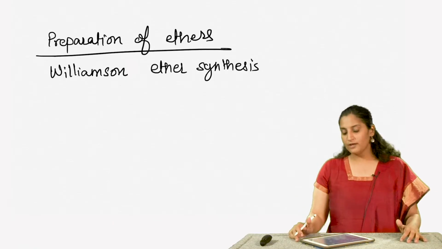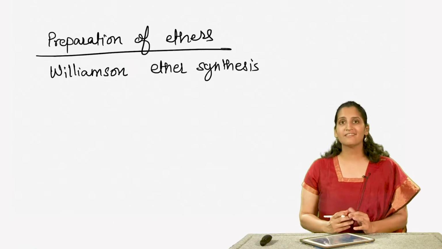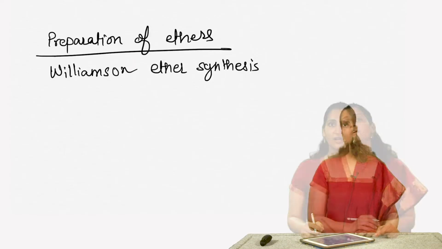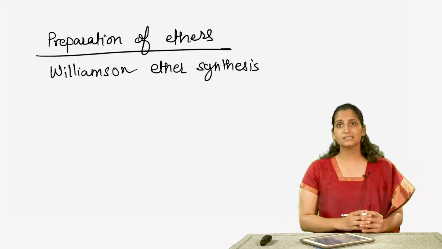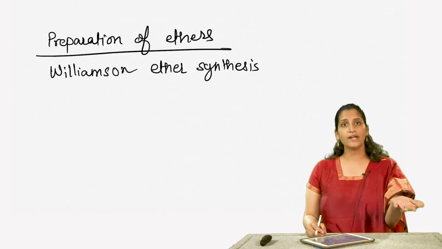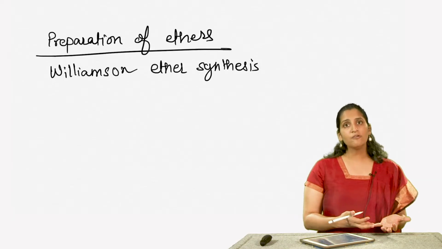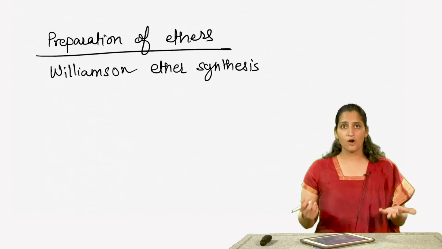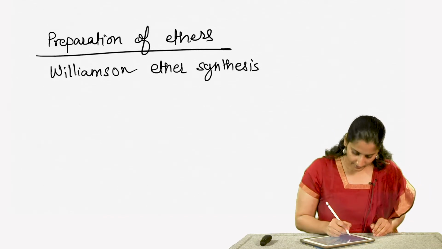Although the name is quite fancy, the reaction is really an SN2 reaction. So, Williamson ether synthesis really involves nucleophilic attack on an alkyl halide, and the nucleophile in this case is an alkoxide.